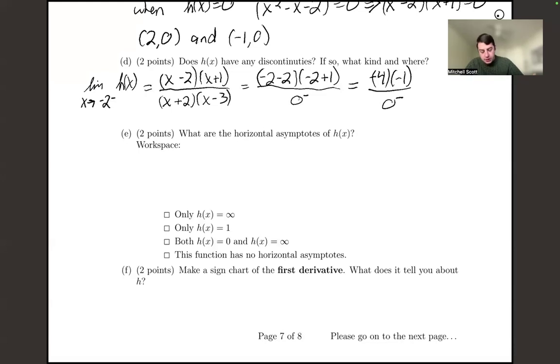So this is going to tell me that as we get closer and closer from the left, we're going to see 4 over a very, very small number, right?